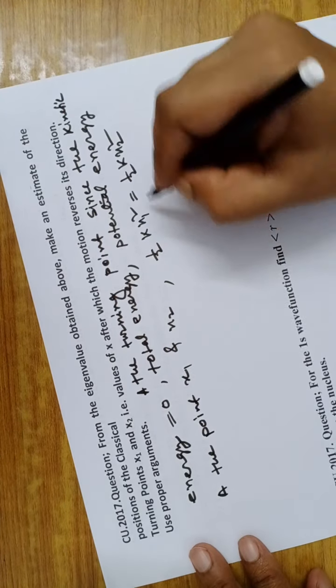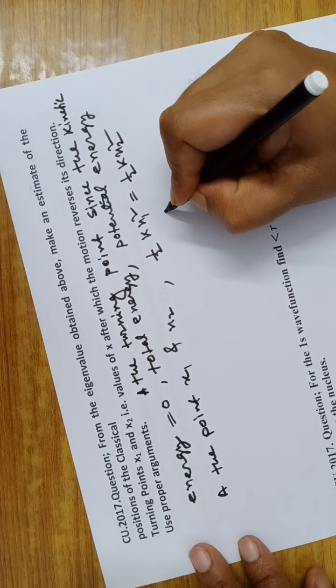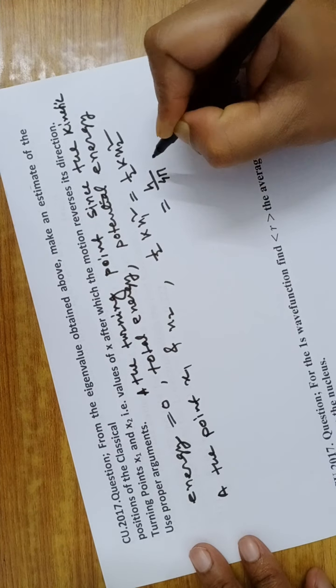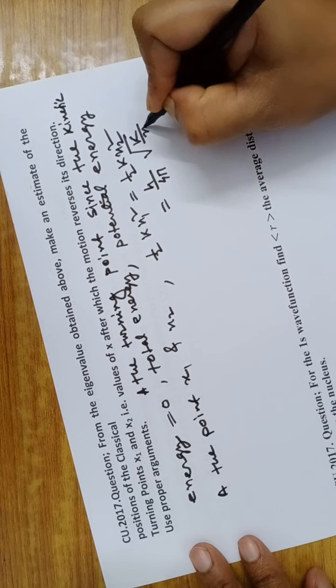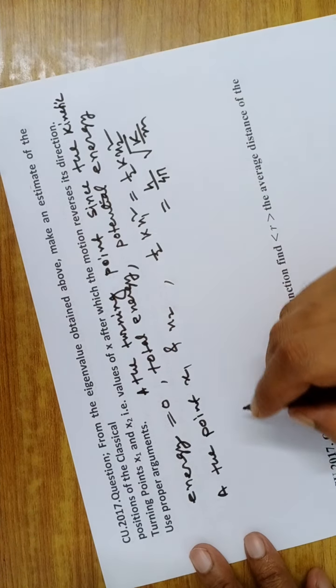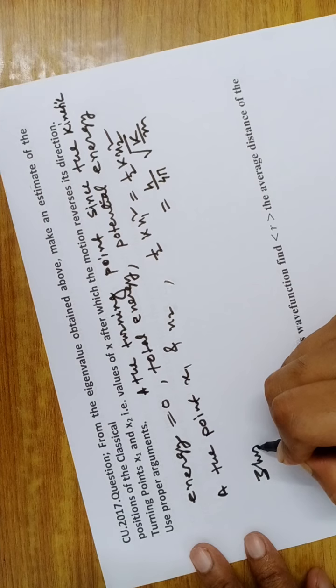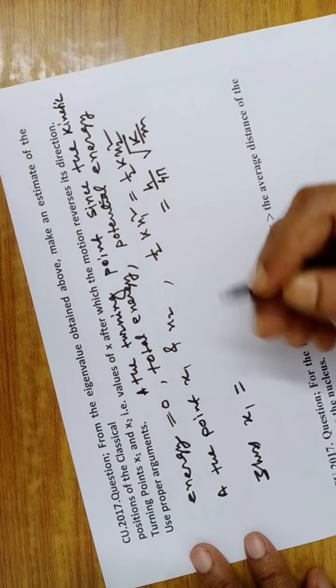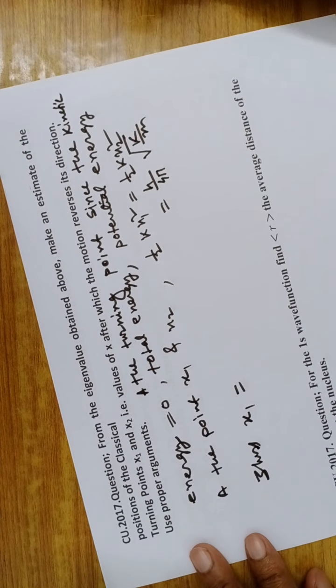We already got that this is equal to h by 4 pi root over k by m. Thus we can write x1 equal to minus and x2 will be plus.